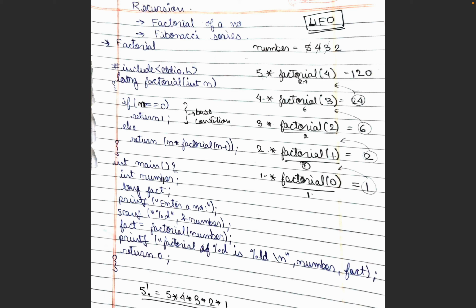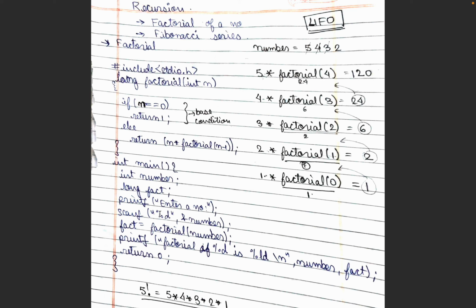We are taking the number from the user, so we are printing "enter a number". Then the user will enter a number, and here you need to take care, we will be writing scanf. Many people write scan and then f, but for understanding, scanf is just one word. And percentage d, the percentage is used to remove the character meaning of d.